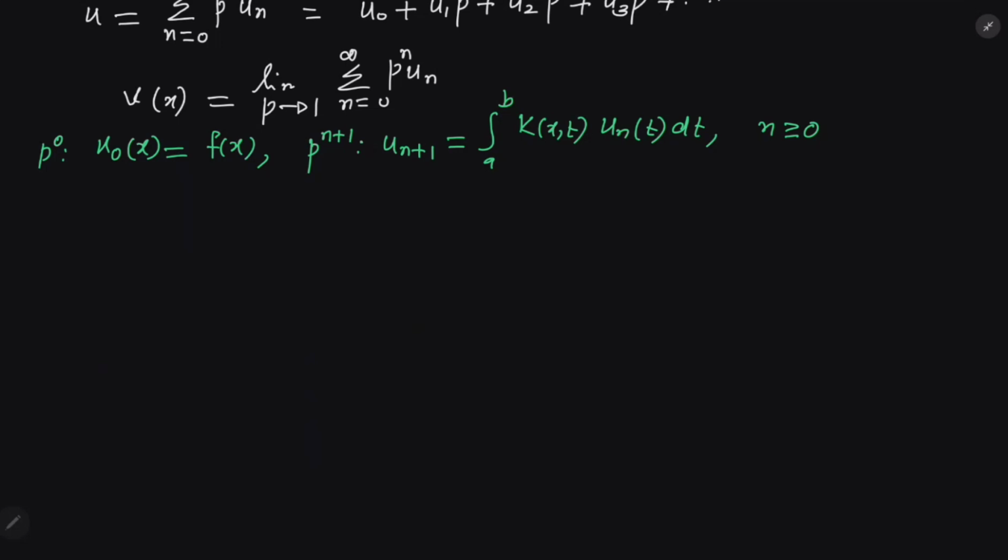For convergence, we need to show that the absolute value of 1 minus the integral from a to b of the kernel at (t,t) is less than 1. There is a theory behind that, but I will not prove it here.